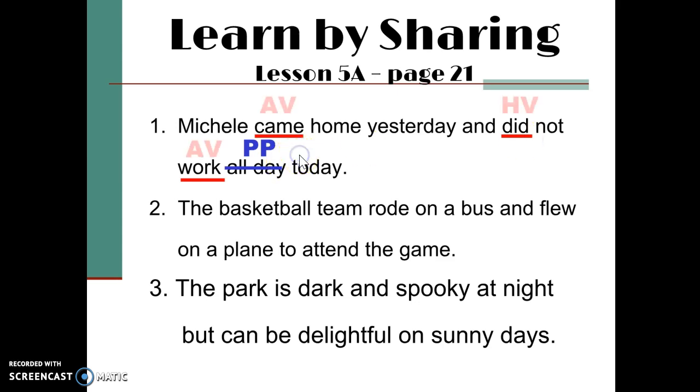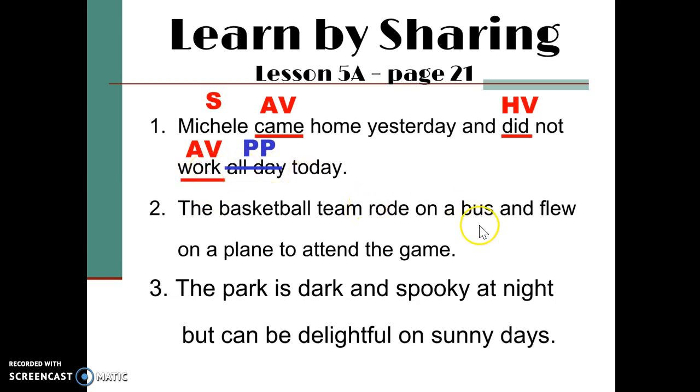So came and work are action verbs. Did is a helping verb. And I'm going to ask who or what came and did not work. Michelle. So that's my subject. My formula is subject, verb, verb. We do not count the helping verb as a third verb. It's helping this other verb along.